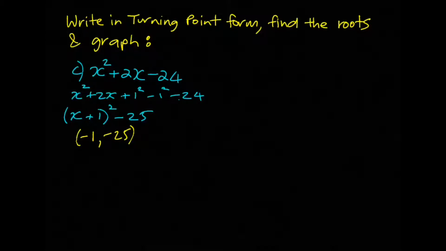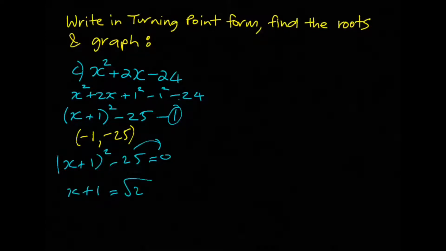Now let's solve it to find the roots. So we've got x plus 1 squared minus 25 equals 0 for the roots. Bring this over and square root both sides. We've got x plus 1 is equal to the square root of 25 equals plus or minus 5.